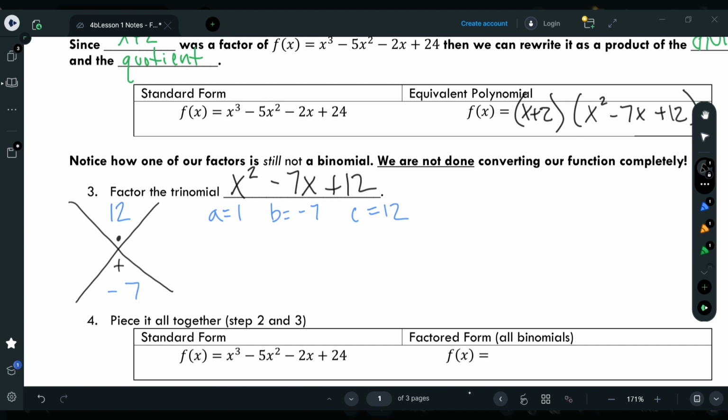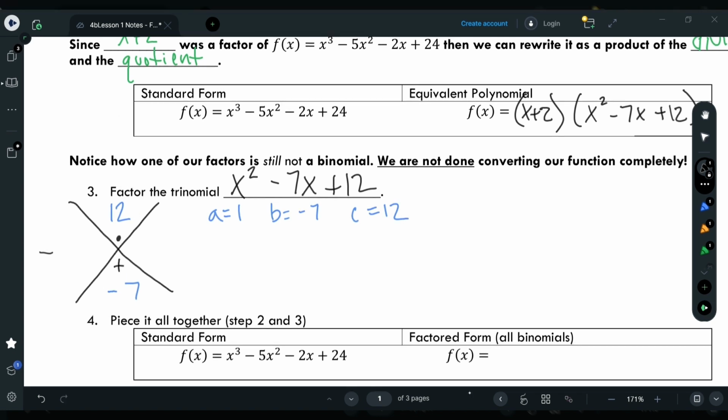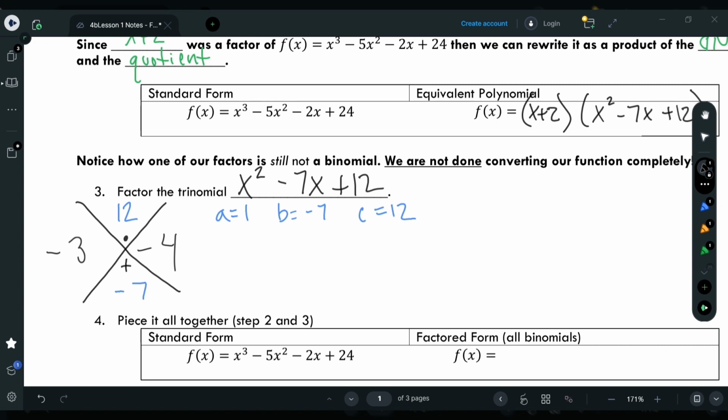If they multiply to make a positive, but they add to make a negative, the only way that's going to work is both of these numbers are negative. And let's see, factors of 12, you can check factors of 12 to see what pair adds up to a 7, and it's going to be 3 and 4. So this is what we got here. So that means we can write this quadratic in factored form, x minus 3, x minus 4.